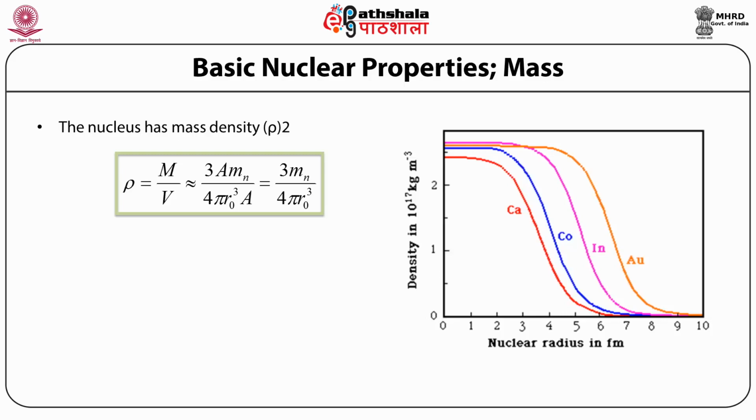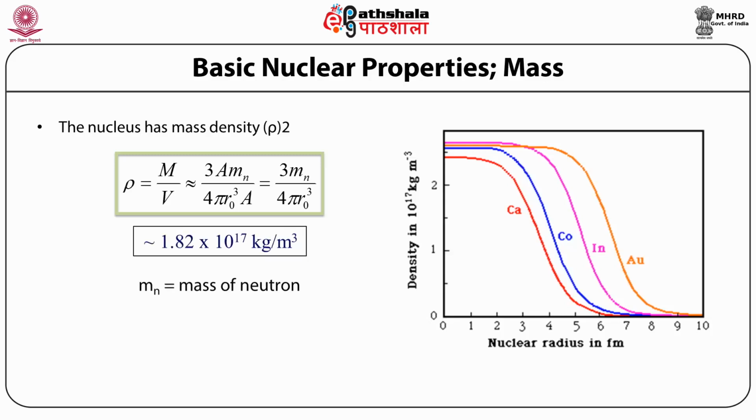So when we solve all this, we get the expression rho is equal to 3 mn over 4 pi r0 cube. Now 3 by 4 is a constant, mn is constant, and pi r0 cube is a constant. So when we put in their values, we get the density of the nucleus as 1.82 into 10 to the power 17 kilogram per meter cube.